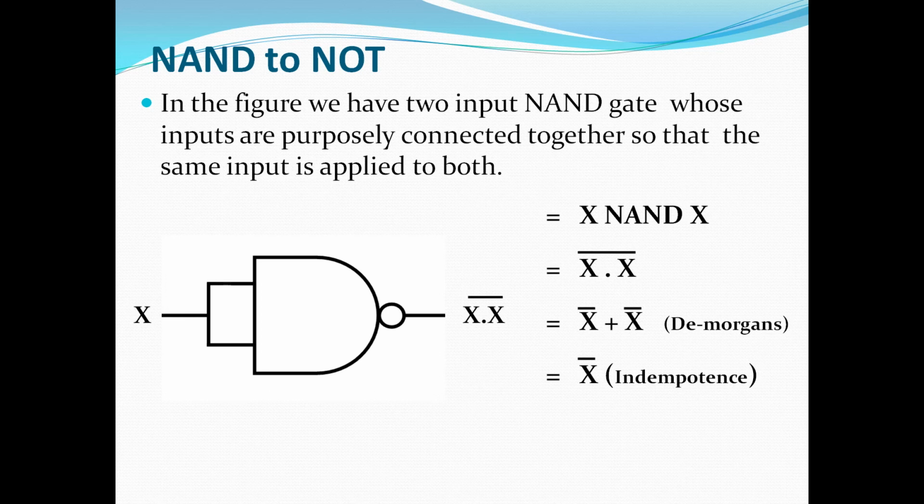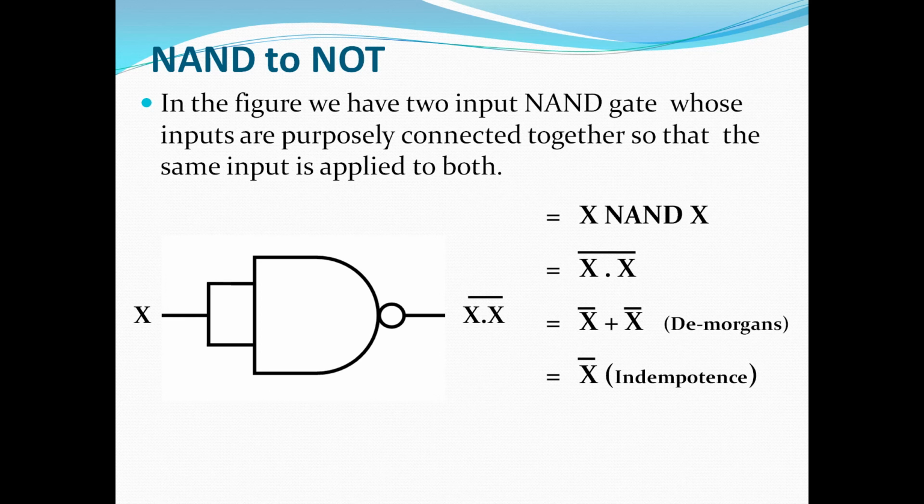So the input is x NAND x, and the output is (x dot x) whole dash. Then apply De Morgan's theorem.